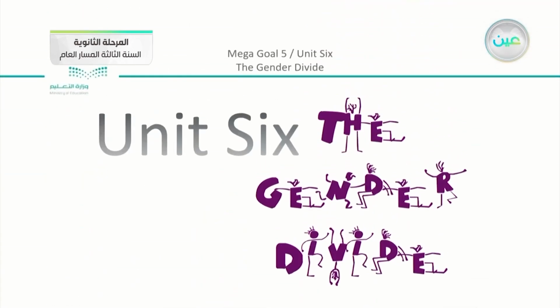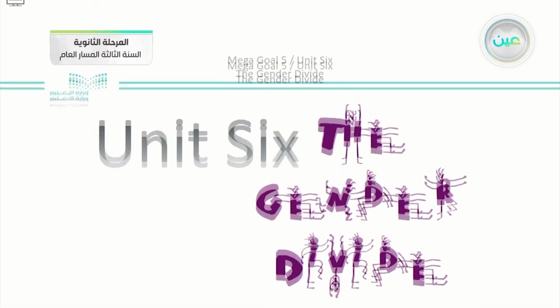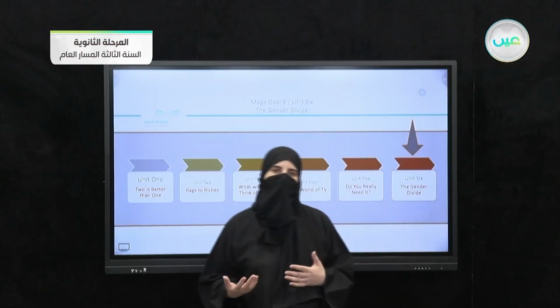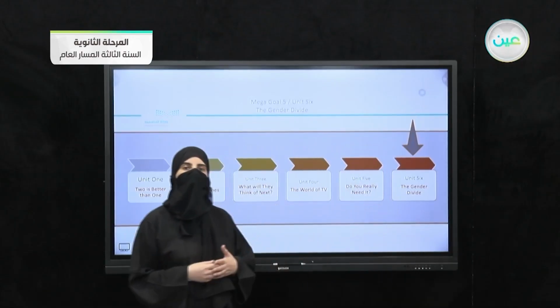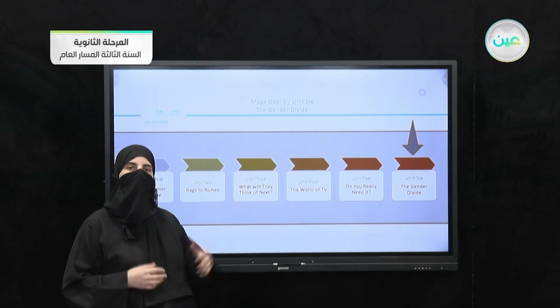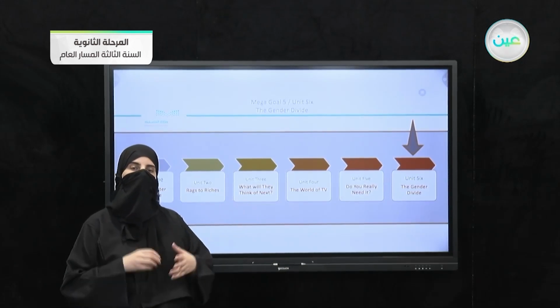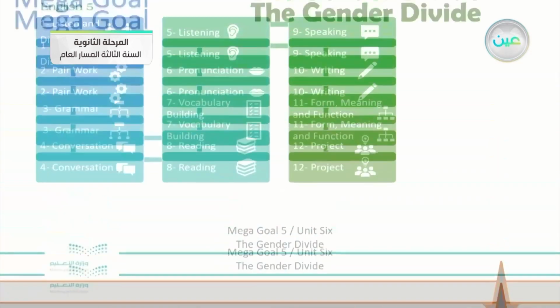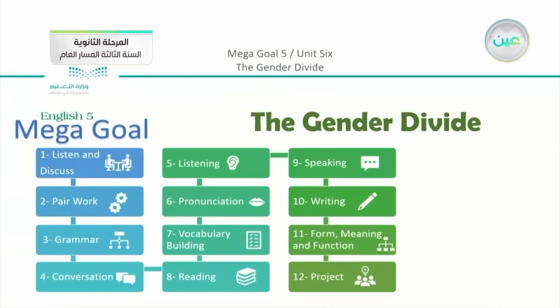We have Unit 6, which has the title, The Gender Divide, and in this last unit we relate the types of advertisements to what can be related to the people in the society. Specifically, we are going to talk about the topic of genders. So moving on, we are going to start with the first lesson, which is Listen and Discuss.